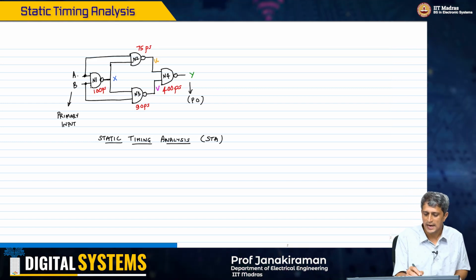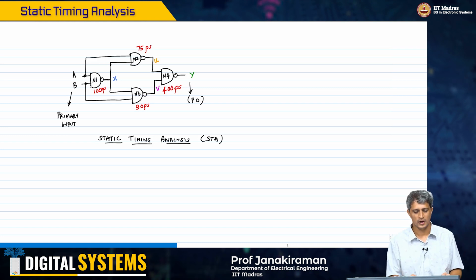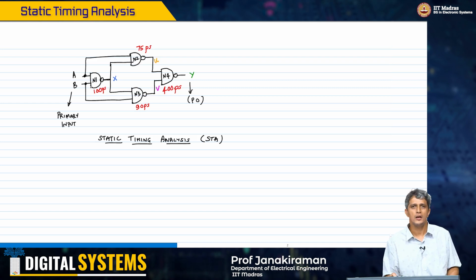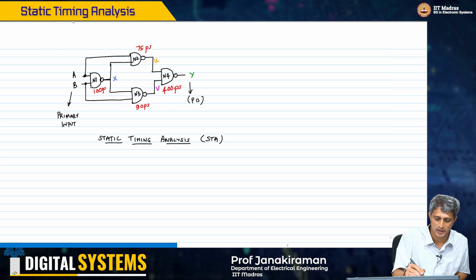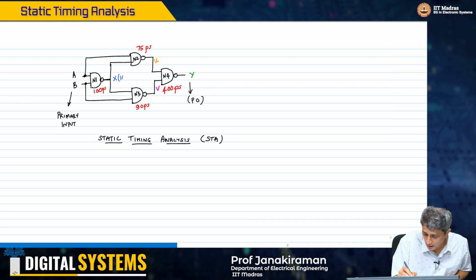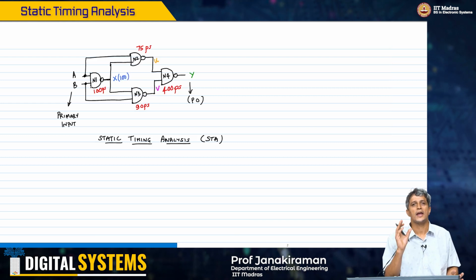So when A makes a transition at t equal to 0, the output X of N1 will stabilize to its final value at 100 picoseconds. Therefore in blue I will write what is known as the arrival time of X.